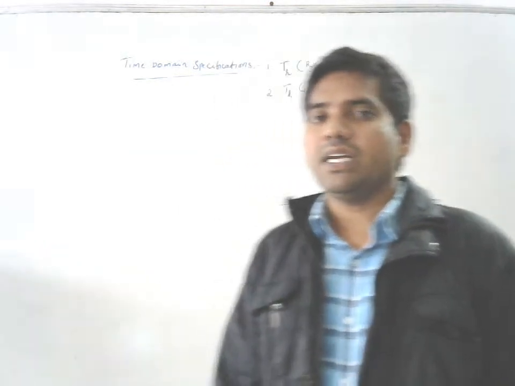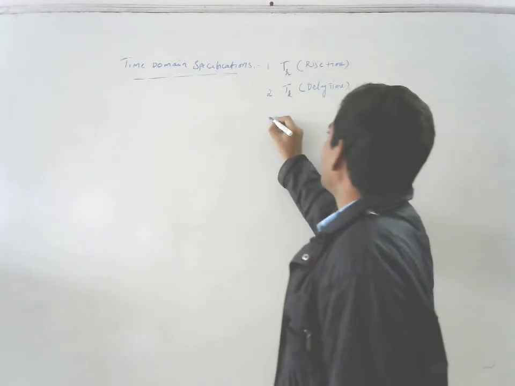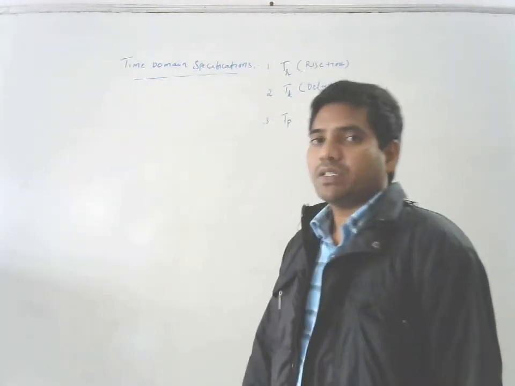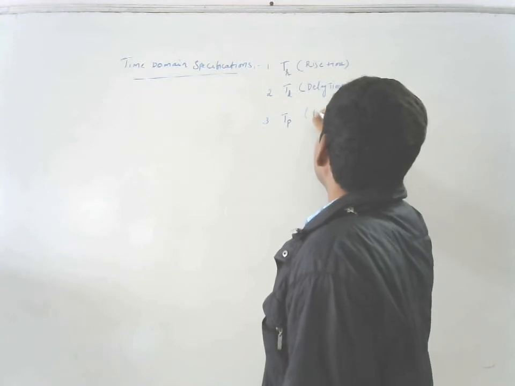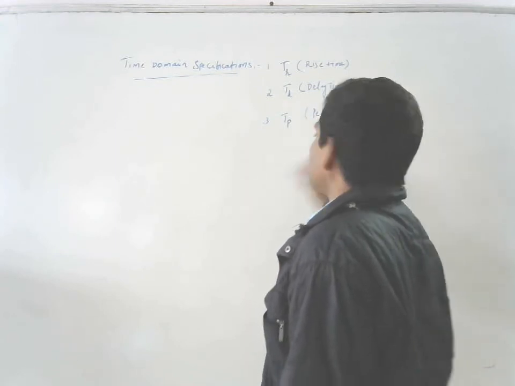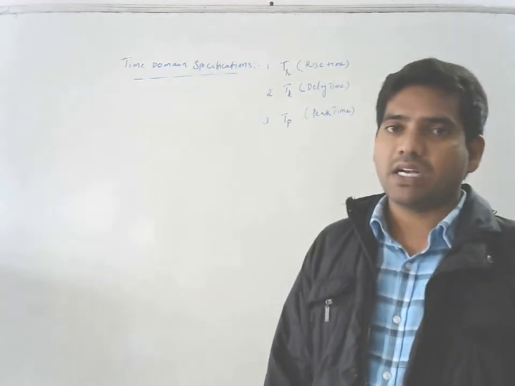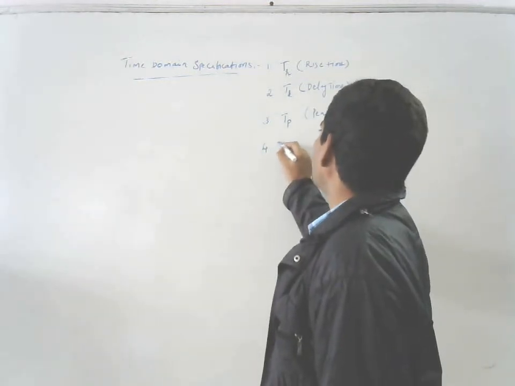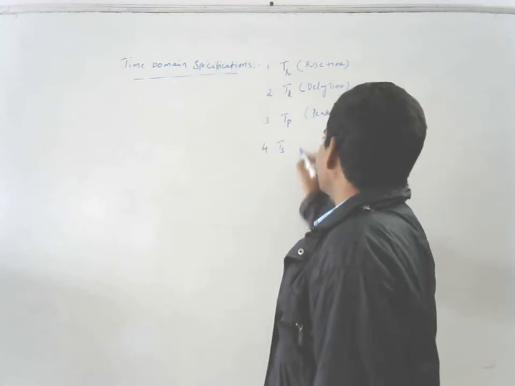Next one is TP, peak time, the time taken to reach its maximum value. And fourth one, TS, settling time.